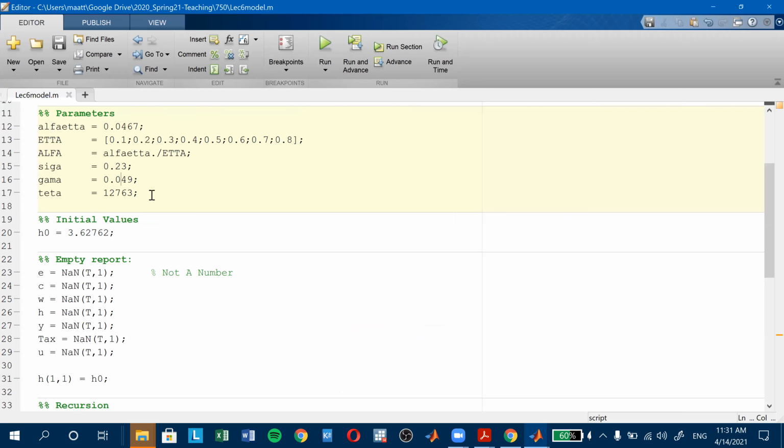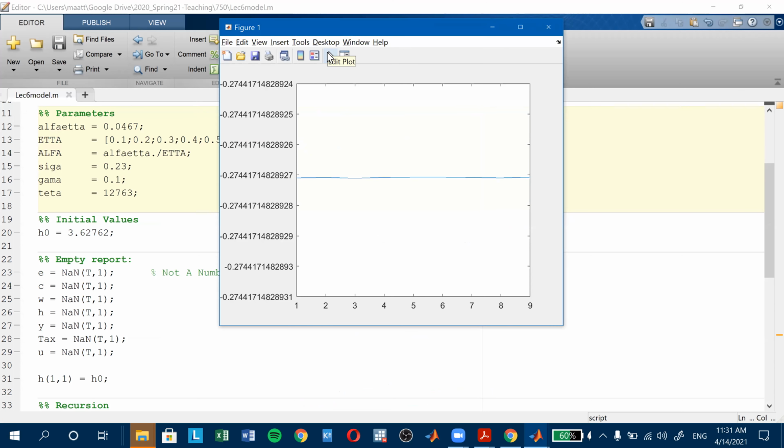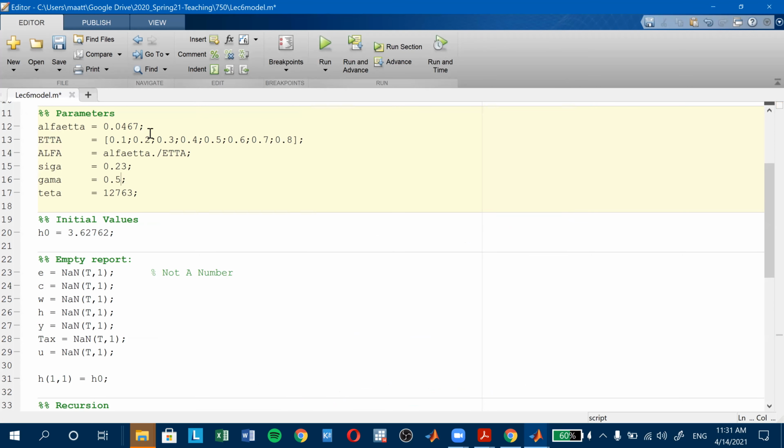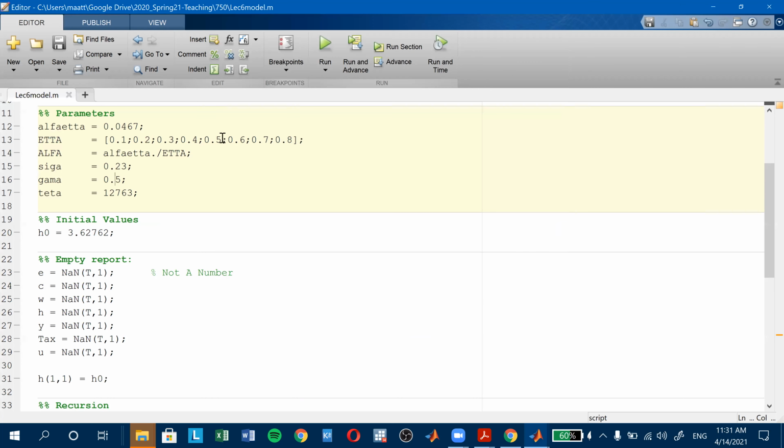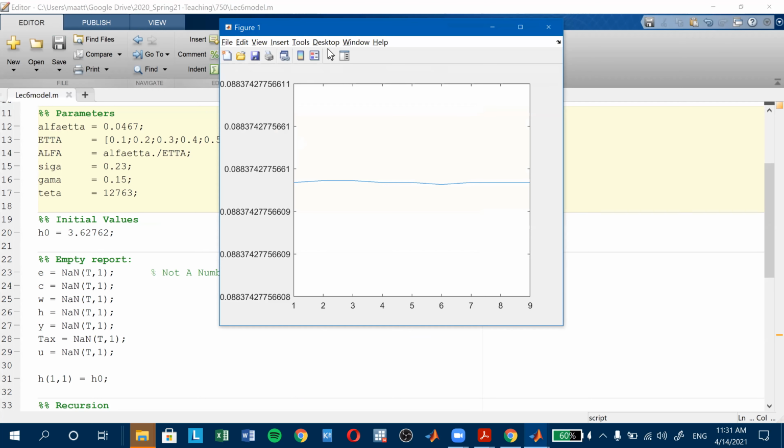But if I increase gamma, let's say it is equal to 1%, 10%. Let's run it now. Okay, not good enough. 50%. Okay, that's too much. 15%. Okay, so what I want is 2%, right?